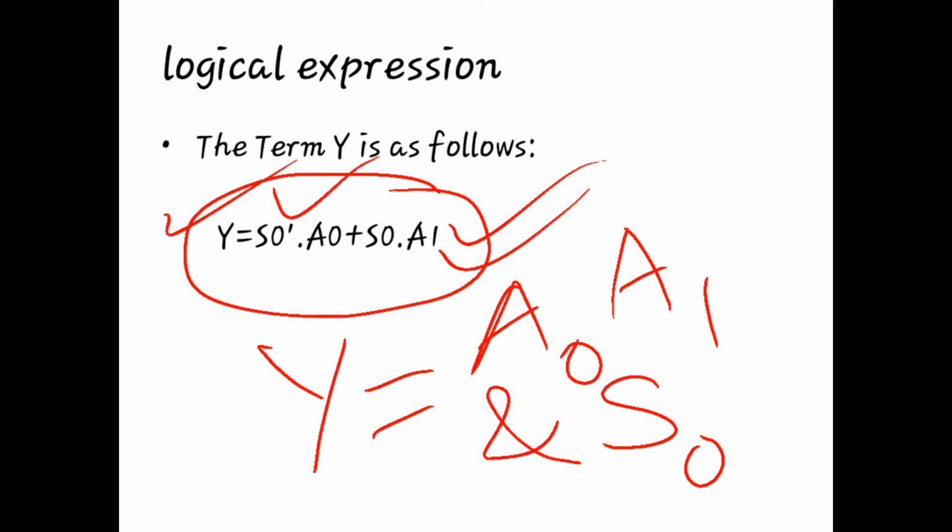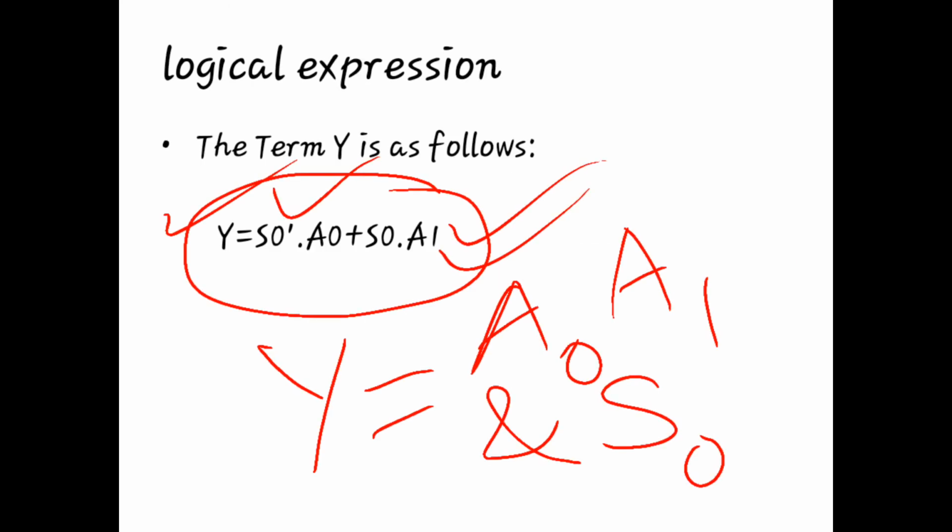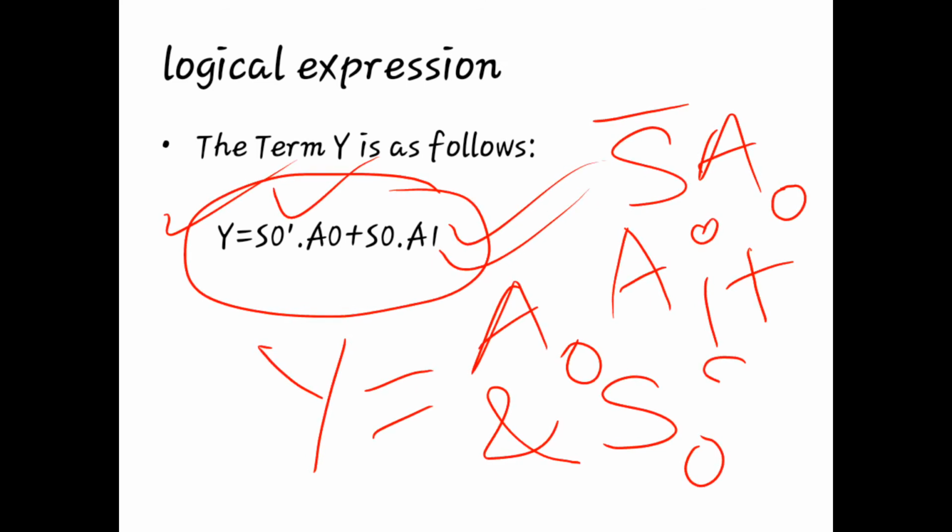Now one can simply design this logical or Boolean expression in the form of a logic circuit. So you can see here, this is S0 bar and A0, plus or with S0 and A1.